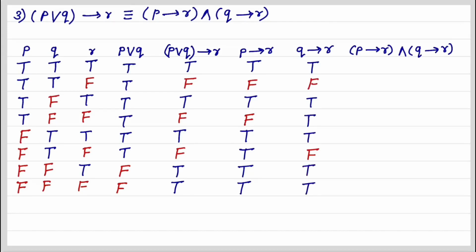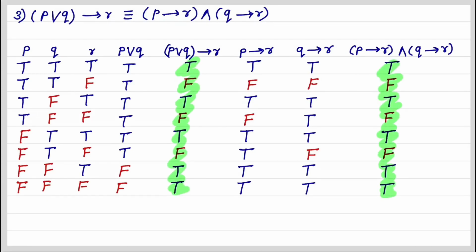Now take conjunction of these two statements, and conjunction is true when both the statements are true, otherwise it is false. First and fifth entry is true. First, third, fifth, seventh and eighth. These entries are true. All other entries are false.